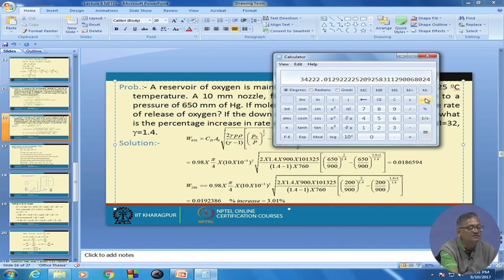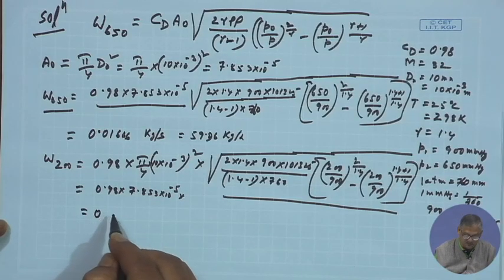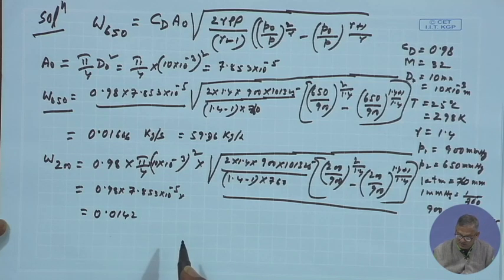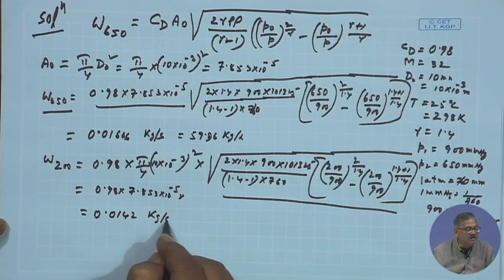So this is under root this times 0.98 times 7.853 times 10 to the power minus 5, 10 to the power 5 plus minus this is equals to this, right? So it is 0.0142, right? kg per second.